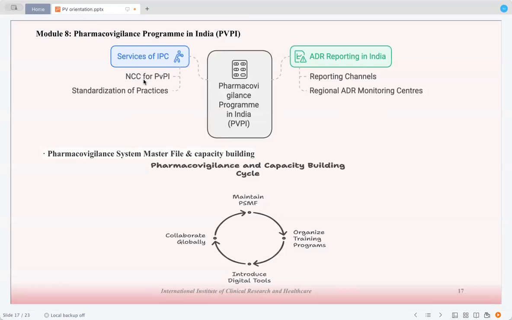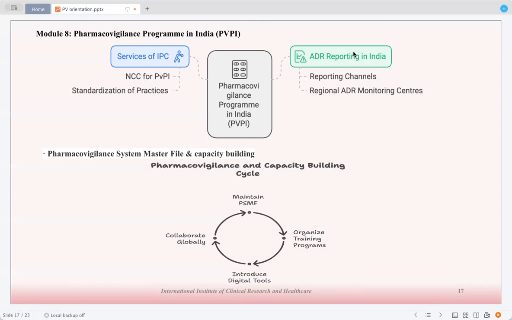They ensure the collection, assessment, and dissemination of adverse drug reactions across India. The Indian Pharmacopoeia Commission also plays a key role in creating guidelines and training programs. They conduct training programs to standardize pharmacovigilance across the healthcare and pharmaceutical sectors in India. So that is the service of the Indian Pharmacopoeia Commission.